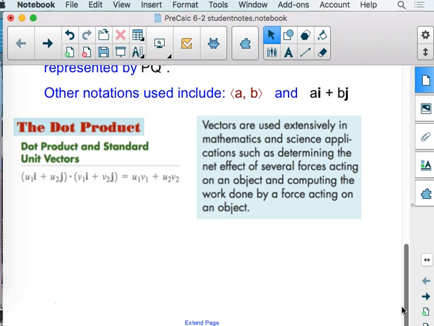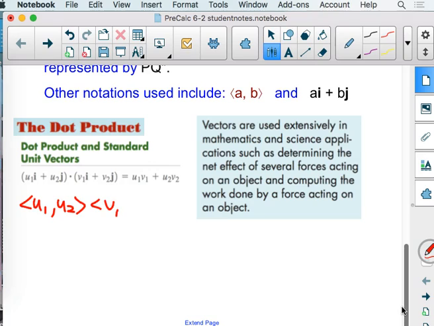Well, if we take these two and write them in component form, we're supposed to take the x component times the x component, get an answer. The y component times the y component, and get an answer. And then add those two results together. So for us, it'll just seem like x times x plus y times y, dot product. Done. That's all we have to do.